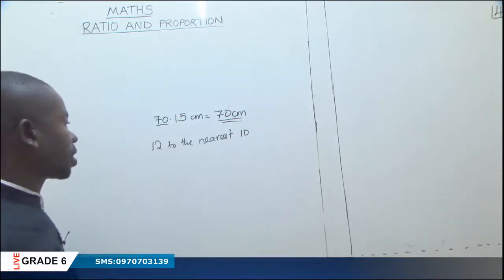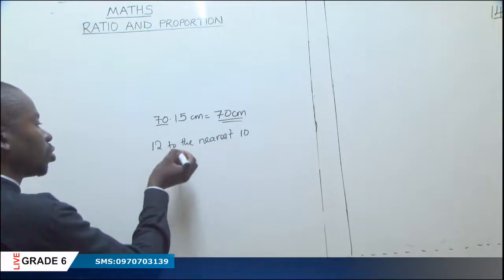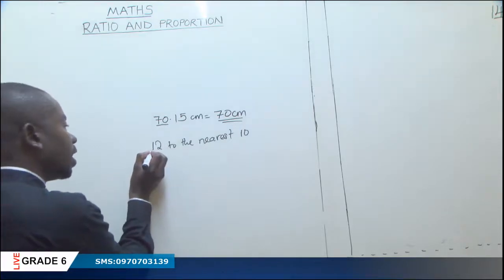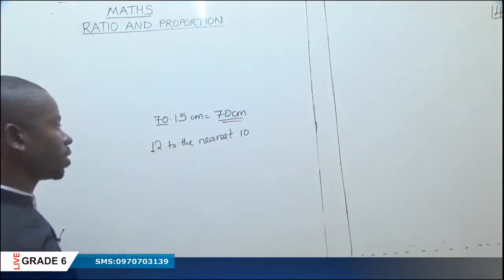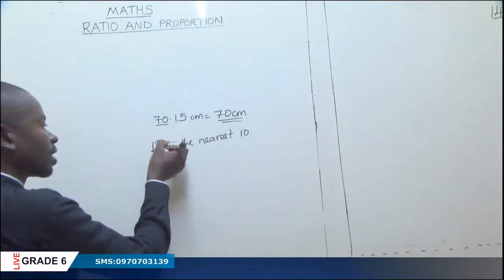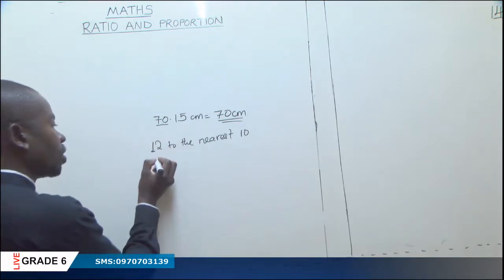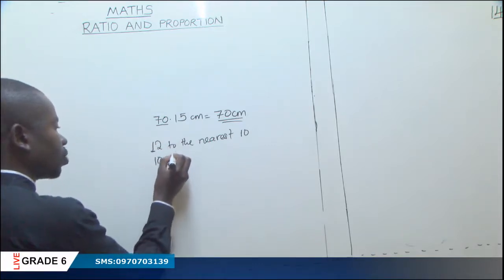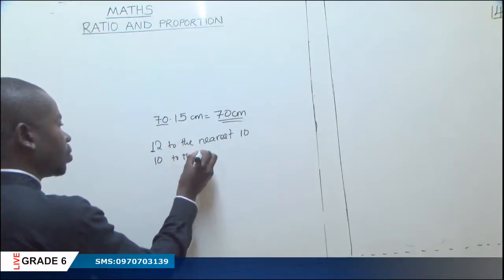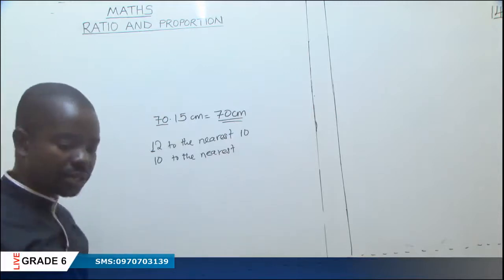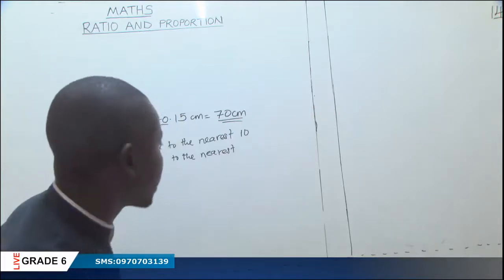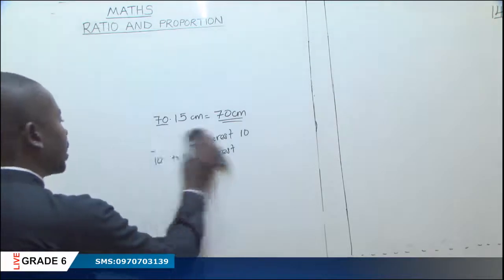So what do you do with this number, boys and girls? The number that we are focusing on is 1, so you check the next number. If it's between 0 and 4, you round down. So the answer is 10 to the nearest 10. So, boys and girls, that's what we looked at last week.